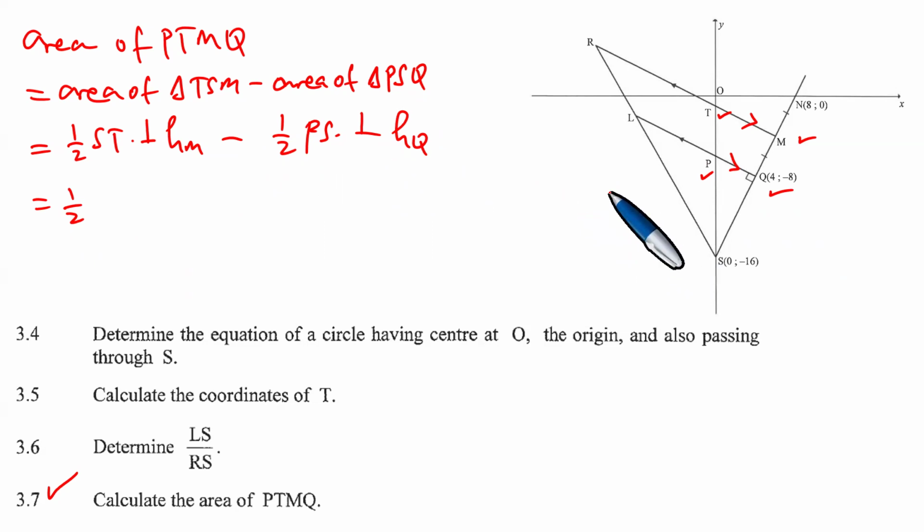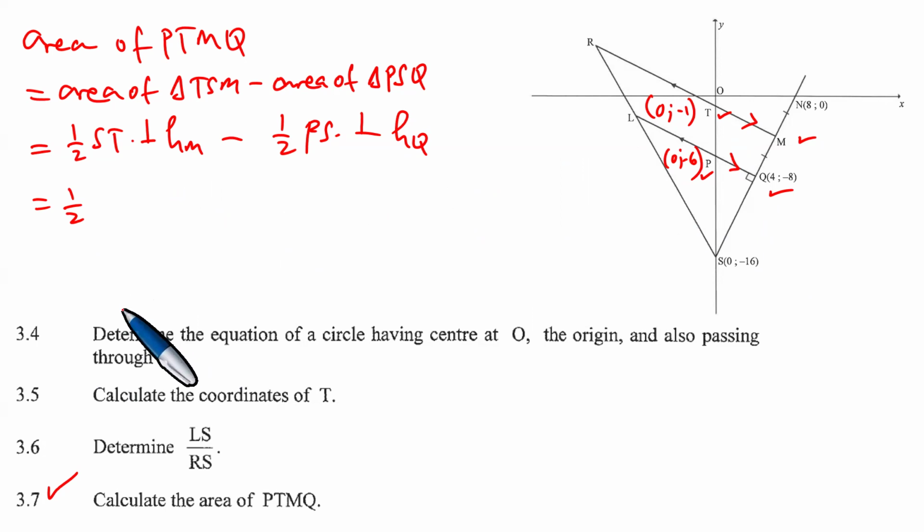And therefore you have half the base ST. Right, so what is the base ST? To find the base ST, you know that T has the coordinates 0, -1. Remember that we just found that in the previous question. P has the coordinates 0, -6.